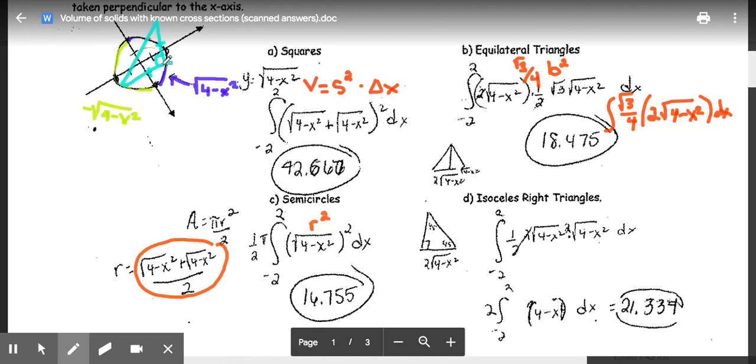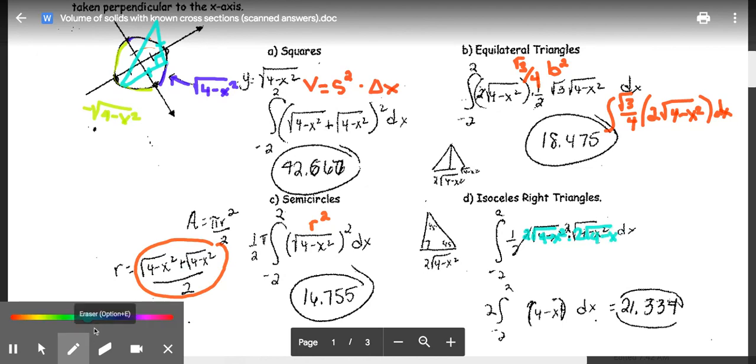And it's 1/2 times the base. The length of the base is 2 root 4 minus x squared, times the height, which is the same thing, 2 root 4 minus x squared. You know what, I should have written that underneath, because that doesn't look good.